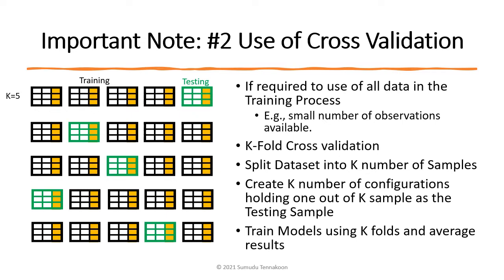You use one configuration at a time to train models, so you actually train k different models and take the average result. This does not violate the first note, that you should not use testing and training at the same time. You use 1 out of 5 samples for testing at a time, take the evaluation metric for each attempt, and ultimately average the results.